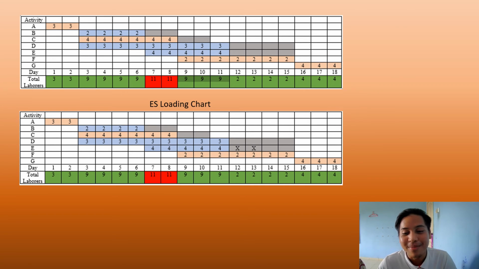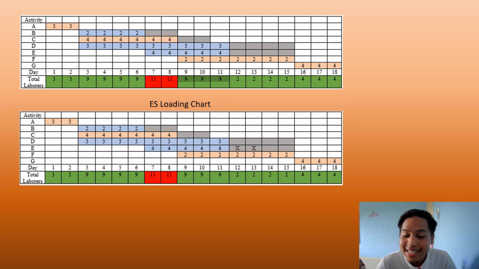So how do we make it fulfill our condition? We do that by doing resource leveling. In order to do the resource leveling, we first need to identify which activity has slack in it. You can see the ones with the gray shaded cells are activities E, D, C, or B. You can choose one of these activities to relocate their resources.